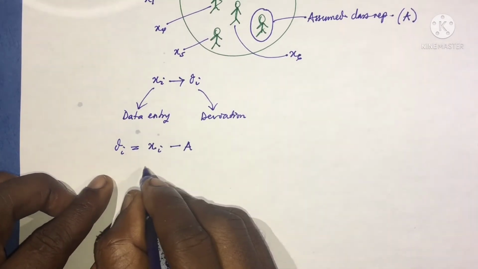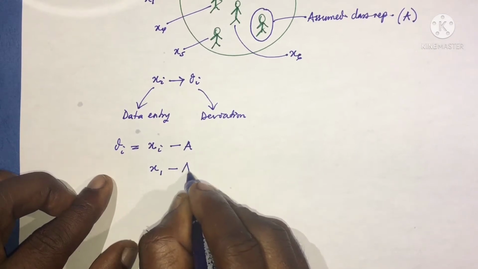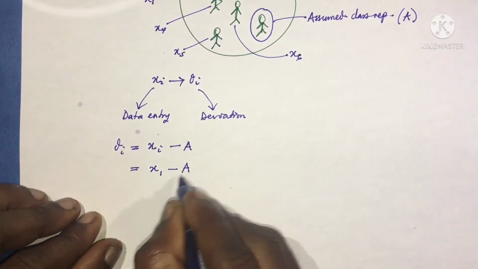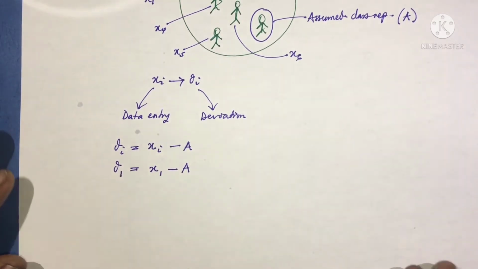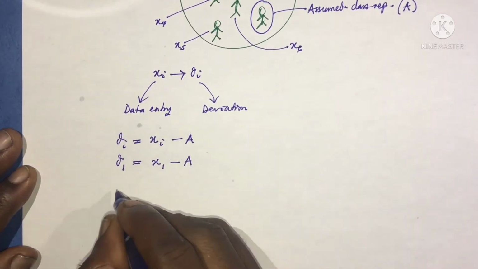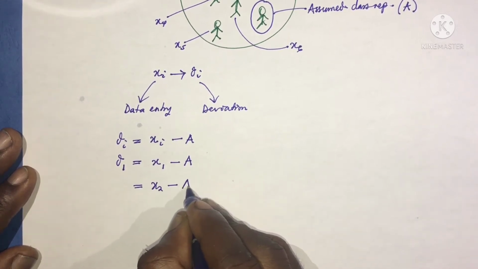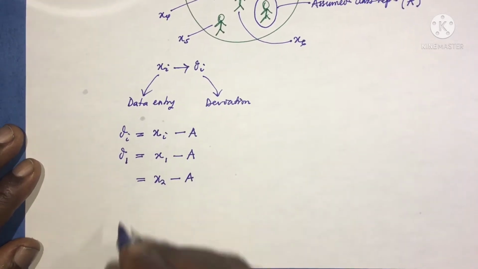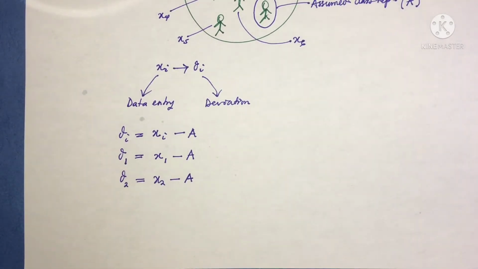So I'm going to give an illustration here. x1 will be away from this assumed class rep by a gap d1. Okay? x2 will be away from this assumed class rep by a gap d2. Why are they having gaps between themselves and the class rep? It is because they are not yet used to the new guy.